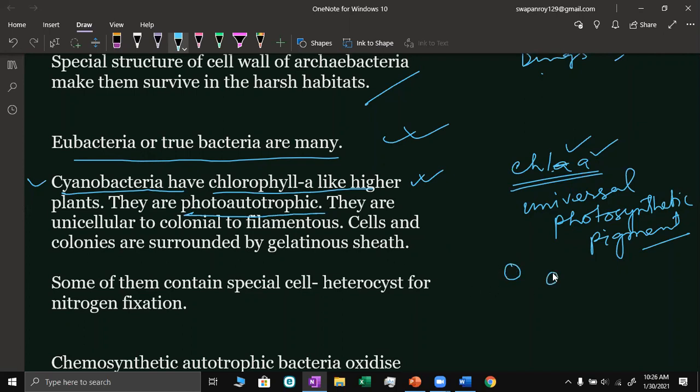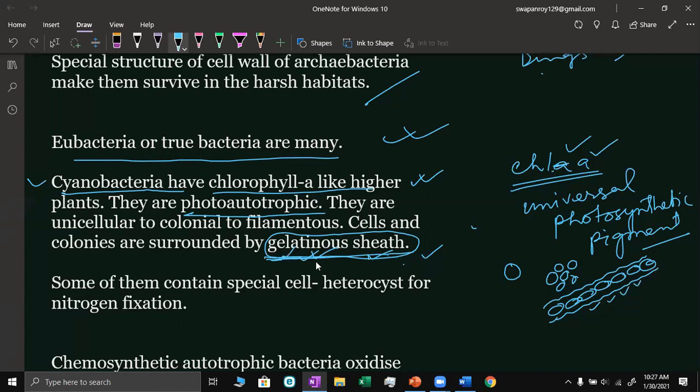These cyanobacteria are unicellular, or they have colonies of different types, or they have filaments. One very important thing is that they have a mucilaginous, gelatinous substance on their cell which can absorb and retain a lot of water. That's why this gelatinous sheath helps retain water on their surface, and they are safe against dehydration.